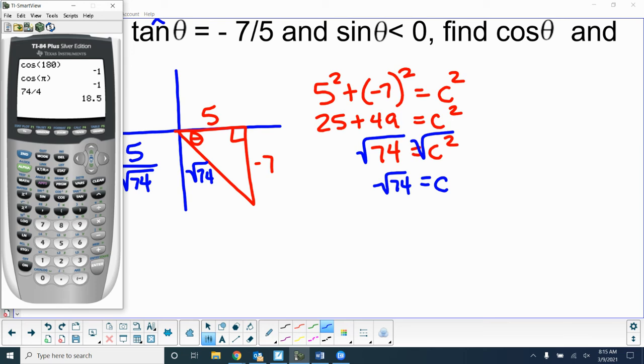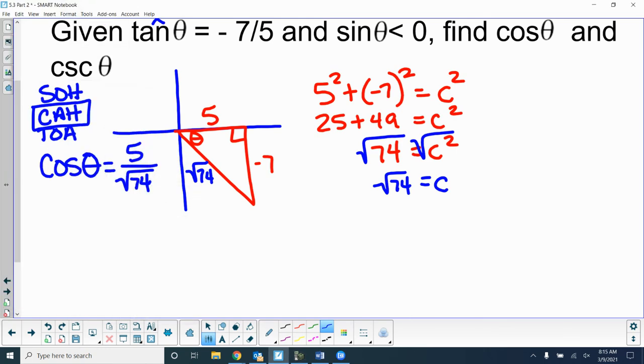No, it doesn't work, right? I know 9 doesn't go into it, right? So I can't simplify it. Okay? But I have to rationalize it, right? So the answer would be 5 times the square root of 74 over 74. That's the exact value.